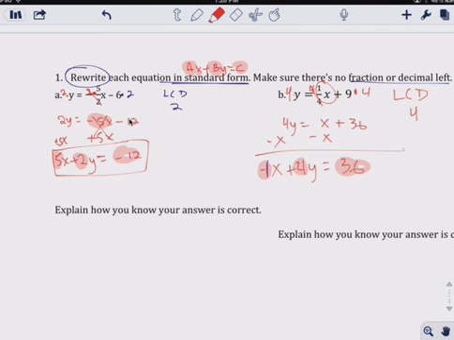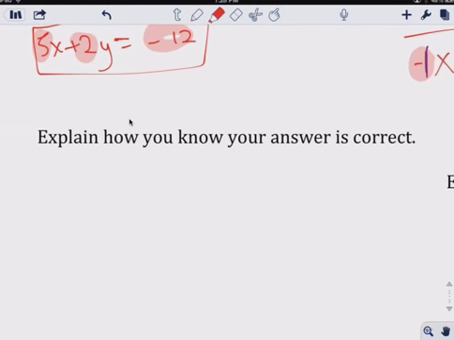Explain how you know your answer is correct, because it's in a form.